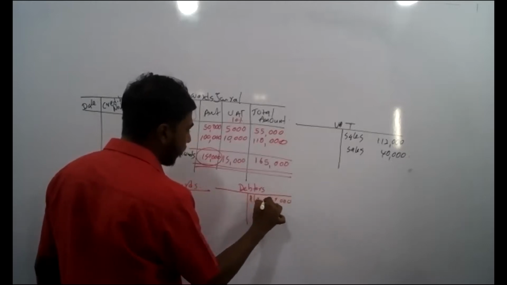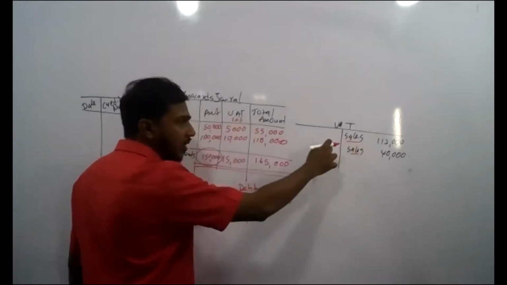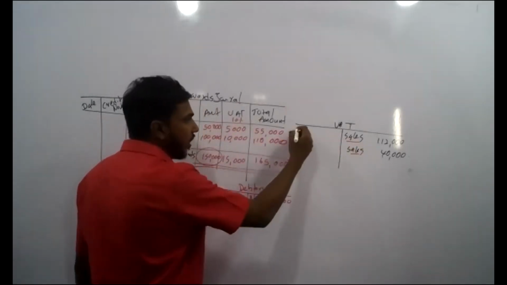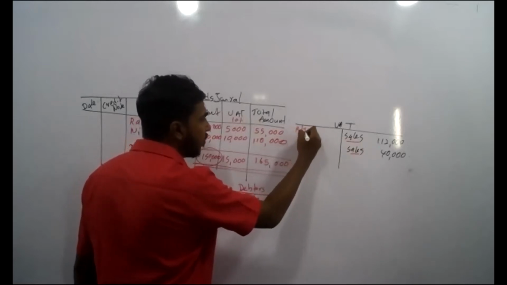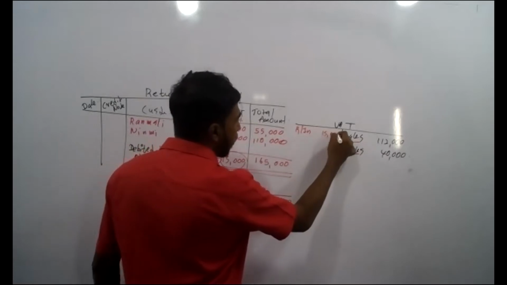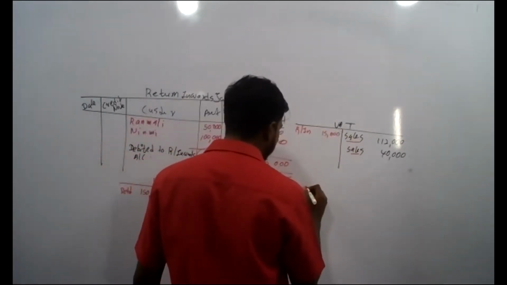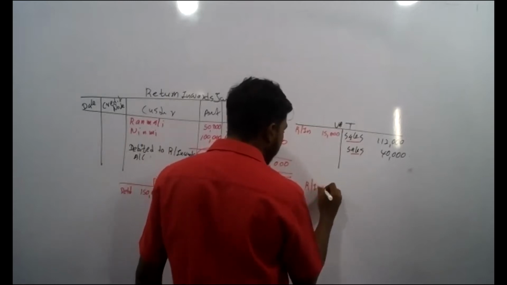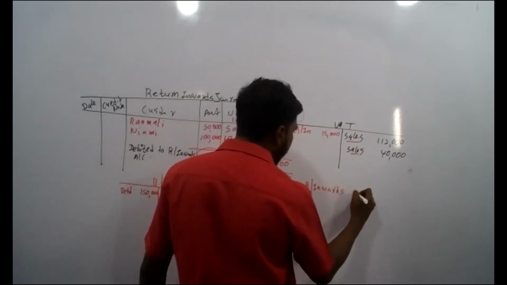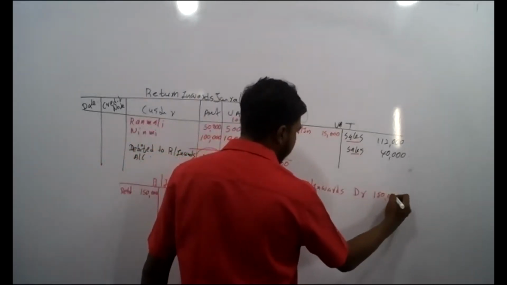Now where to debit the VAT? See, if it is sales, VAT on sales is credited. Then VAT on return inwards should be debited. How much? 15,000. So this is the entry you pass. In short format for return inwards: return inwards debit 150,000 without the VAT.